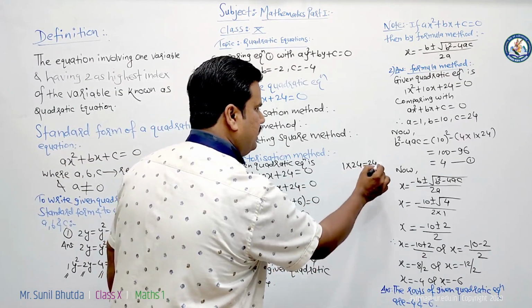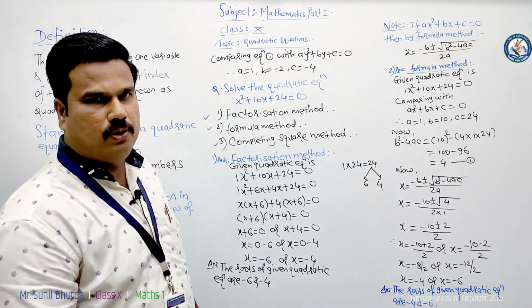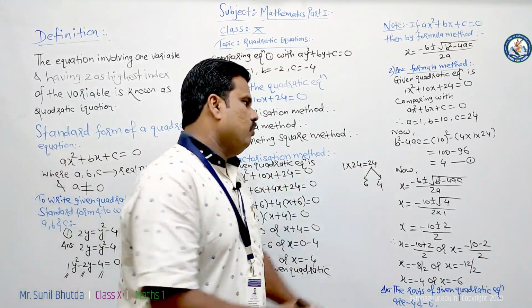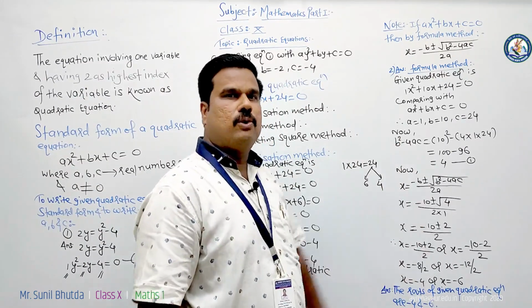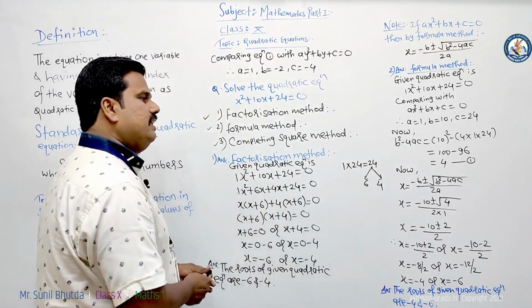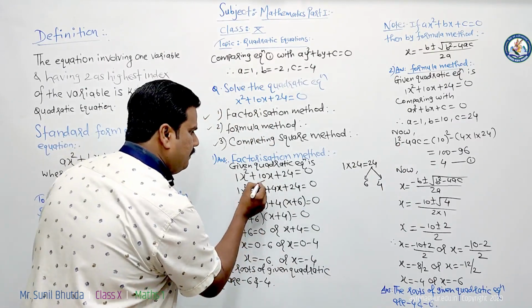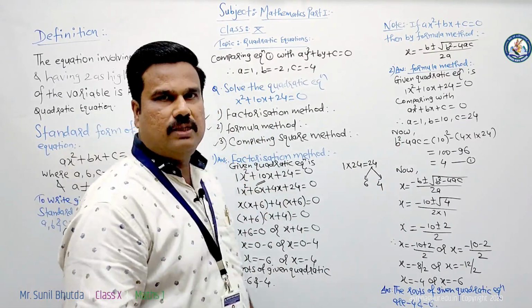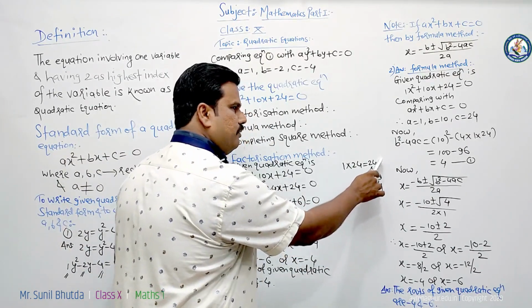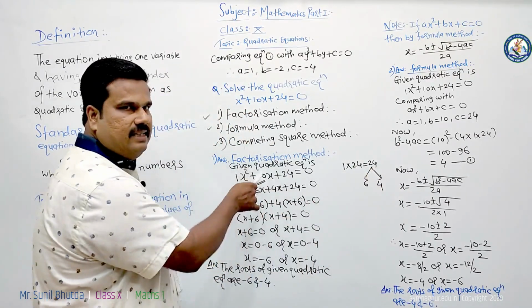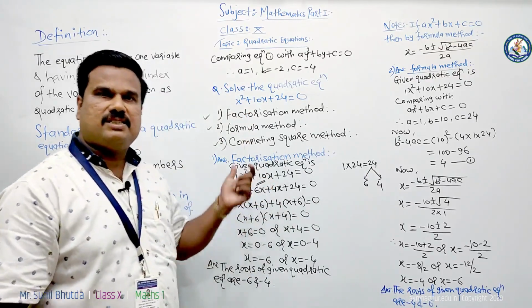The product of 1 and 24 is 24. Now we will find out two factors of 24 such that their sum or difference is equal to plus 10.